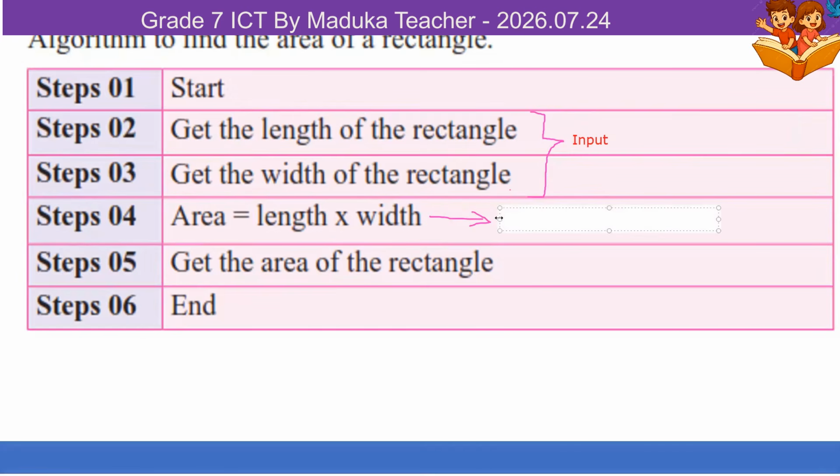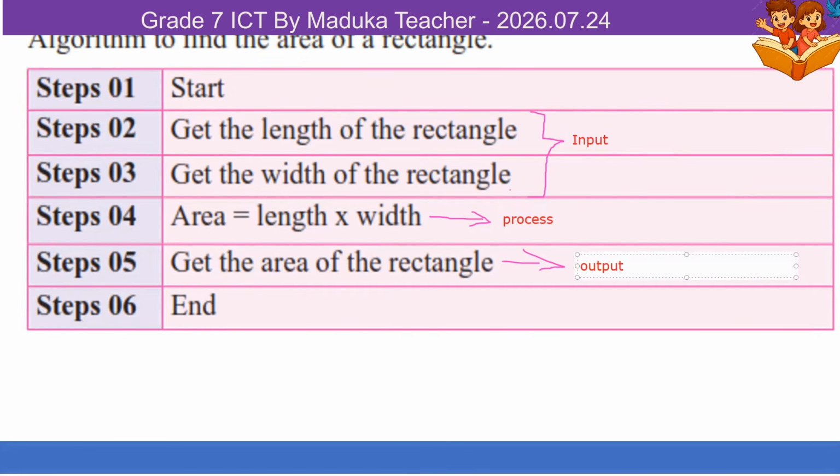What is it? Process. Very good. Now we are going to process the input, calculating the area, length multiplied by width. Then step 5, what is it? Output. Very good, it's the output.